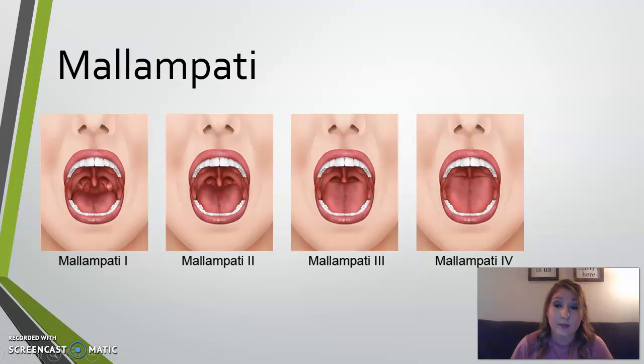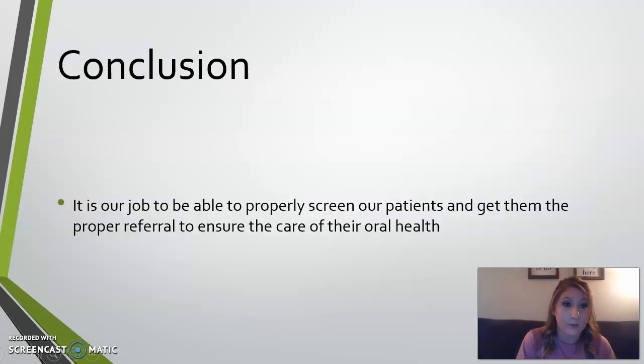And then the high risk is a 4, when the tongue is fully covering the uvula, we consider that a very closed airway. So that is one of the tools that we can use for a visual exam.